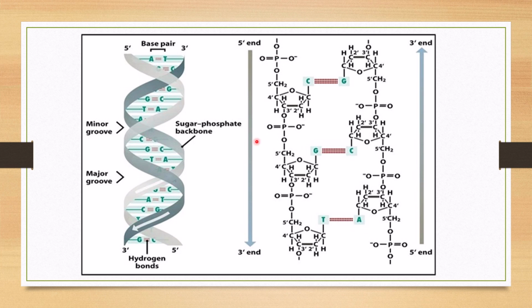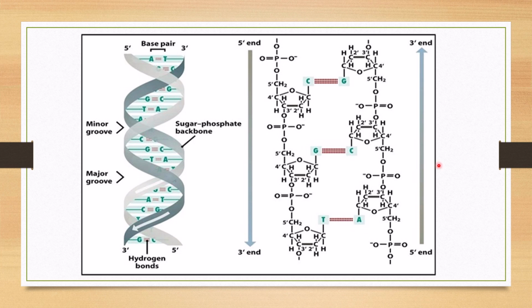It runs from 5', and here as you can see the 3' is free. Whereas in between, the 5' and the 3' are involved in the ester linkages. And similarly, to the opposite, we find that the next strand runs from 5' to 3' in anti-parallel direction.